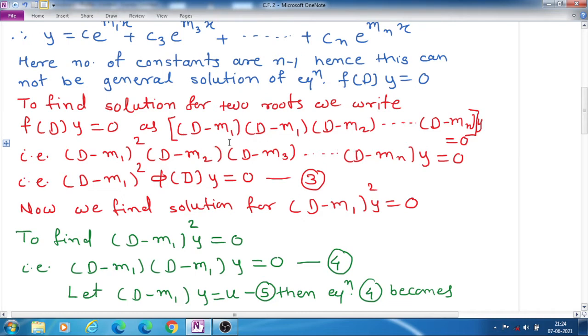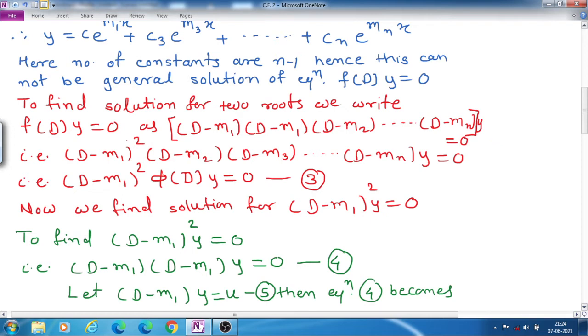Here the degree of our equation is n, therefore we have n factors. So D minus m1, D minus m1, D minus m2, D minus mn, these are the factors. D minus m1 is repeated here, therefore we write D minus m1 bracket square into D minus m2, D minus m3, D minus mn into y.